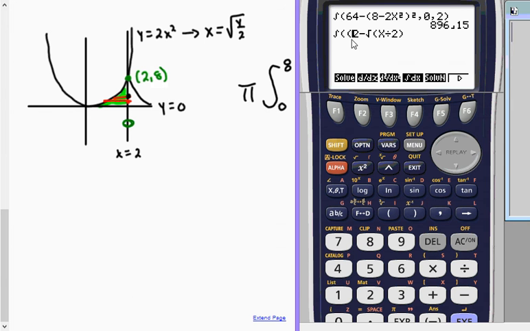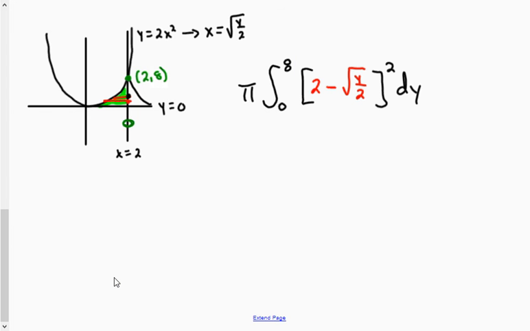All right, so parenthesis 2 minus the square root of y over 2, that whole thing squared, and then I want to do it from 0 to 8. And look at that, 5.3 repeating, which is 16 over 3, or 5 1/3, but I'll write it as 16 over 3 pi. That would be the volume of that resulting figure.